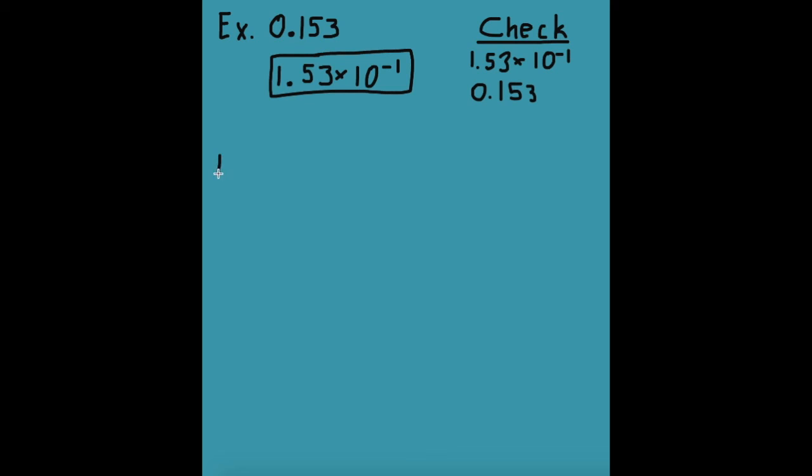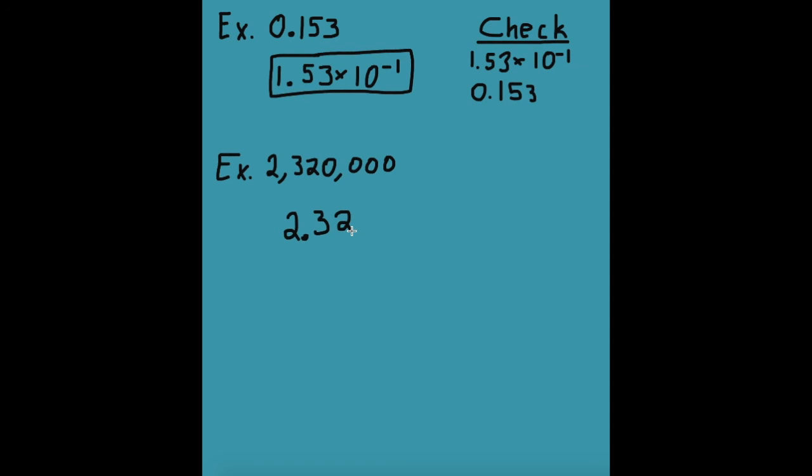Let's do another example. Let's say we have the number 2,320,000. How do we write this in scientific notation? The first step is to look at the first number that is between 1 and 9. That number, in this case, is 2. Then you put a decimal after the 2. Then you put the numbers after the 2, which are 3 and 2.